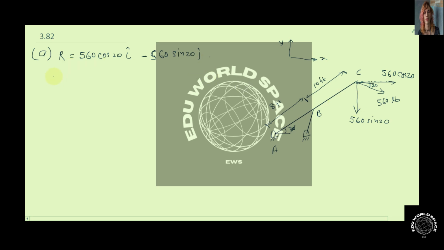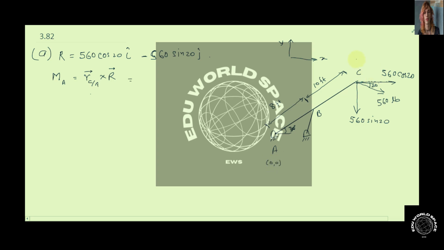To calculate the equivalent moment about point A, that will be the position vector of point C with respect to A crossed with the force vector. All these are vector quantities. Now the position vector is known, and the force vector is known. To calculate the position vector, we need to define an origin. Let's say this is our origin.